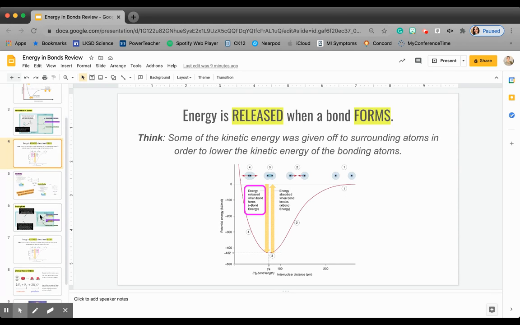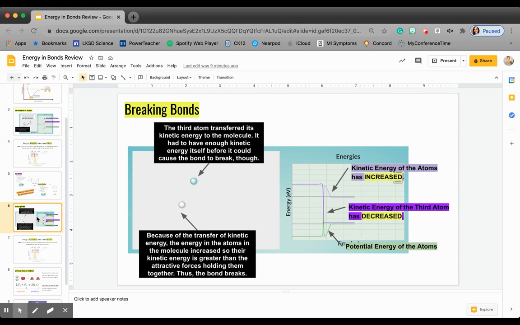Now let's think about the opposite scenario. What about when we want to break a bond? So maybe you remember this simulation where we had atoms that were bonded together and we had to shoot a third atom at it. And the trick was that that third atom has to have enough kinetic energy that when it hits or bumps into those bonded atoms, it will transfer some of that kinetic energy to that molecule.